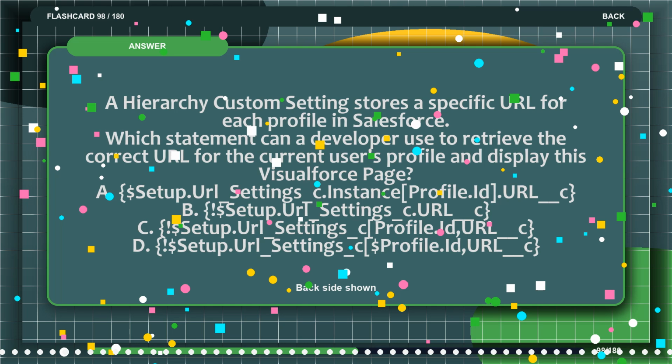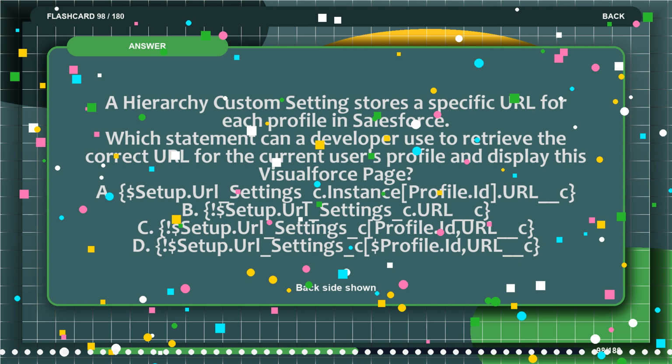The answer is: a hierarchy custom setting stores a specific URL for each profile in Salesforce. Which statement can a developer use to retrieve the correct URL for the current user's profile and display this on a Visualforce page?